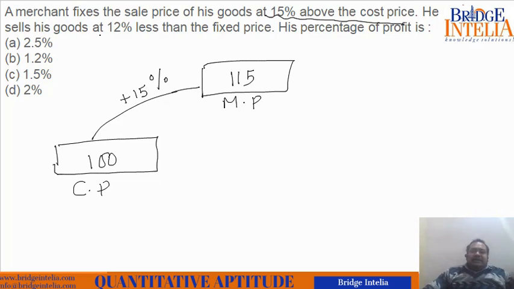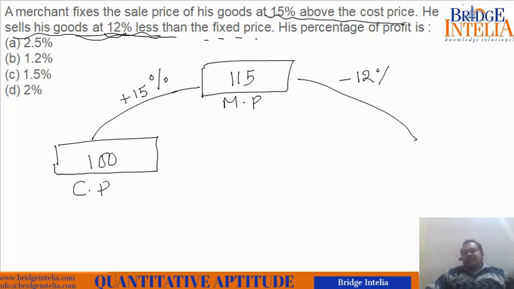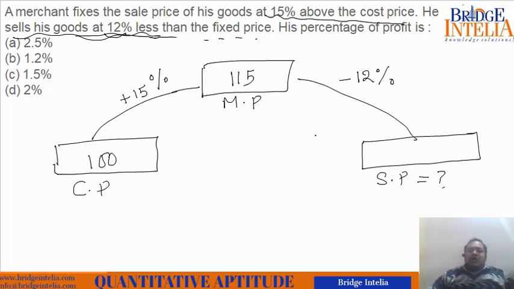But he gives 12% discount, sells his goods at 12% less than the fixed price. So giving a discount is like bringing the price downwards. So the final selling price will be equal to only 88% of marked price.